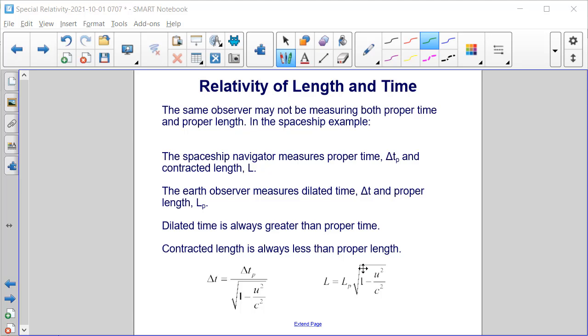So the Lorentz factor, 1 over the square root of 1 minus u squared over c squared, is always greater than 1. So we're always going to get a delta t that is greater, and a contracted length L that is less than the proper length.